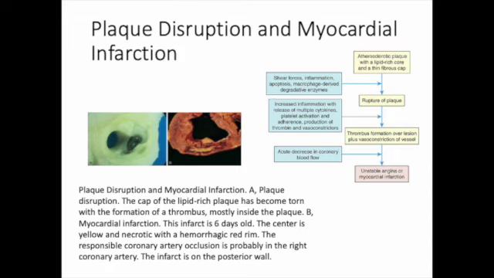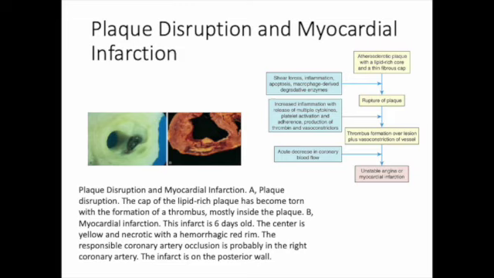Then here you can see in this picture that this is a 6-day-old infarct where the center is yellow and necrotic, and you have that hemorrhagic rim over it. This is what was responsible for the occlusion here. And now you can see the infarct on the posterior wall going through the lumen.